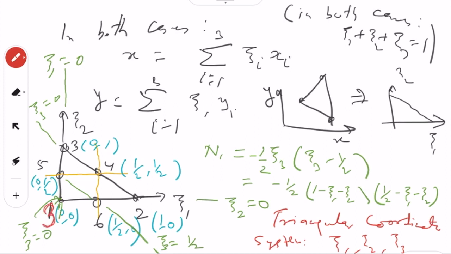No, this one is 1, this one is 2. Yeah, so this becomes 3. Sorry, not 3 but 4. So this is 4. So 1, 2, 3, 4, and this is 5. No, 5 should be here.